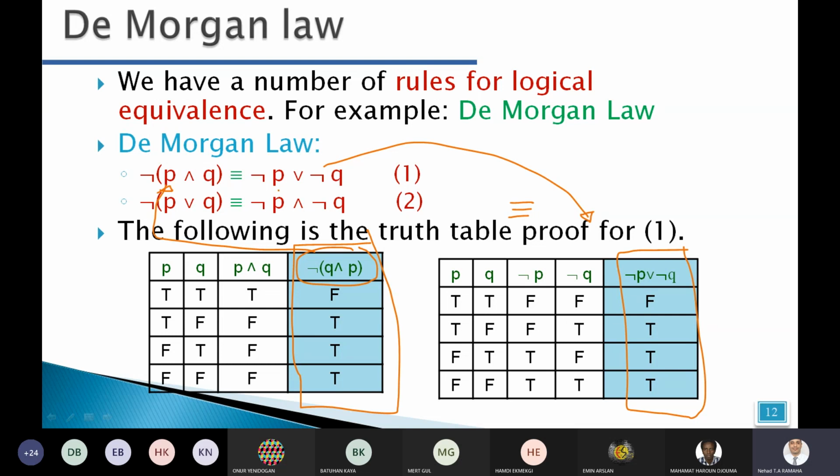Now to find this, we have P and Q, then all possibilities for P and Q. Now we get NOT P and NOT Q. Here P, true becomes false, true becomes false because of NOT. False becomes true, false becomes true. Same thing we do for Q, get NOT Q: true becomes false, false becomes true, true becomes false, and false becomes true.